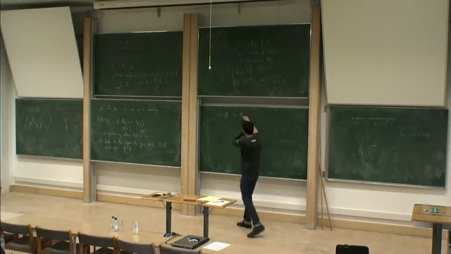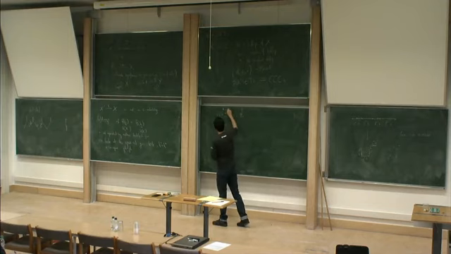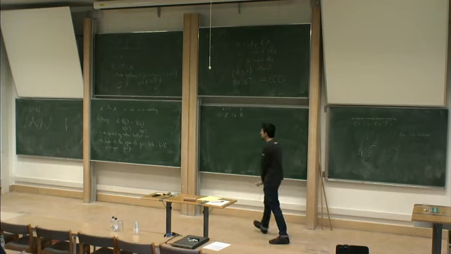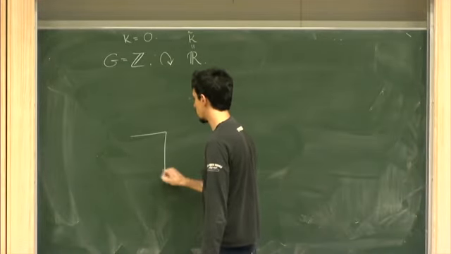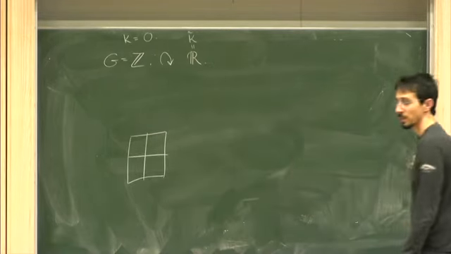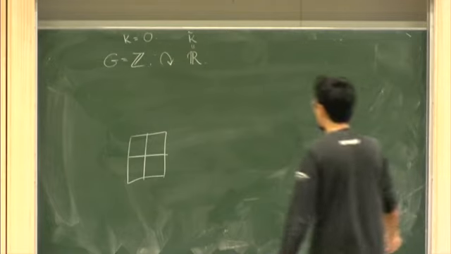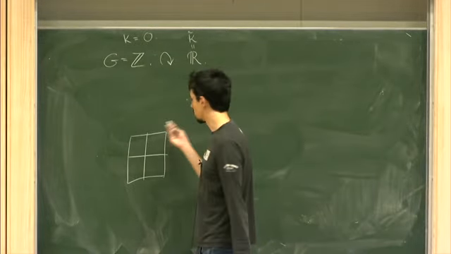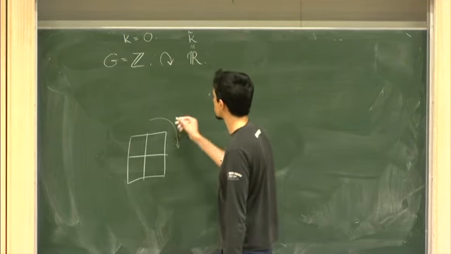So this is our K tilde. And the cube complex I want this group to act on is the following finite cube complex made out of 4 squares, and the action is just rotation by pi over 2. I admit it's a weird example, but okay. So this is how Z acts.